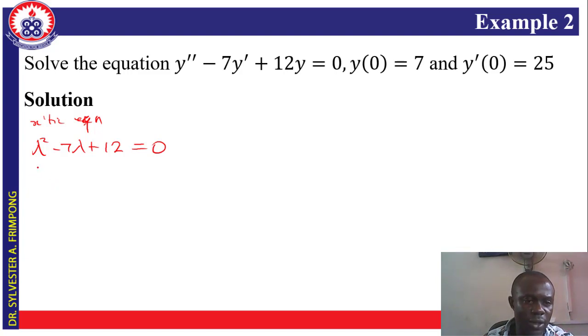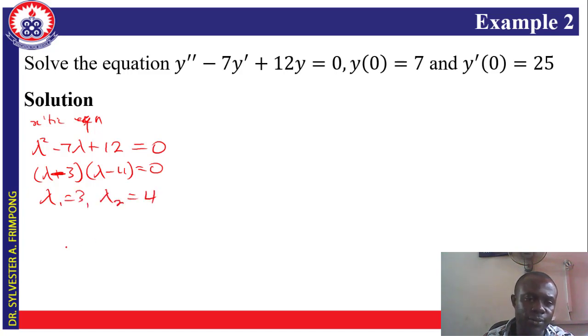If you solve this, you're going to get lambda minus 3 multiplied by lambda minus 4 equal to 0. So you get lambda 1 equal to 3 and lambda 2 equal to 4. Therefore, the general solution is y of x equal to c1 e raised to the power 3x plus c2 e raised to the power 4x. So this is the general solution.